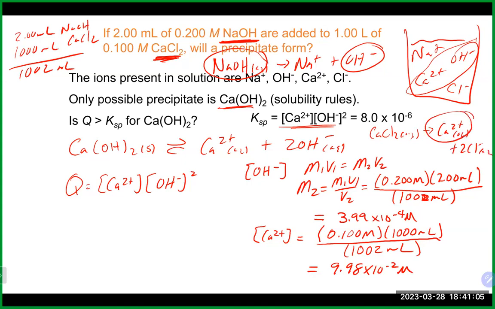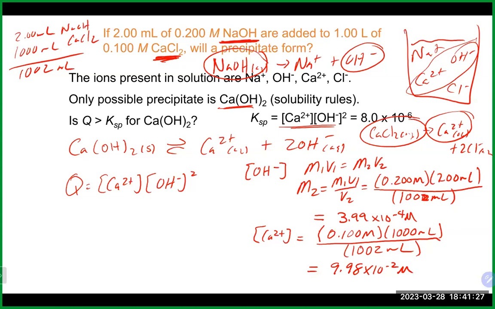But in this case, we're interested in the calcium, which is also a 1-to-1 relationship. So that's again why we could use the entire concentration for each of those individual ions. By the way, if I was doing something different and I wanted the concentration of the chloride, I would need to take the concentration and multiply it by 2. So again, it does change if it's not a 1-to-1.